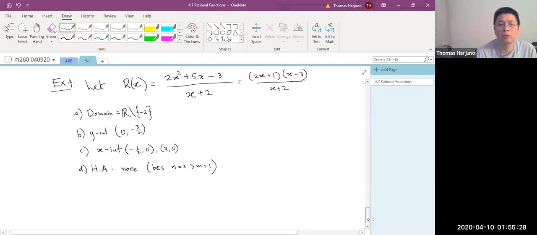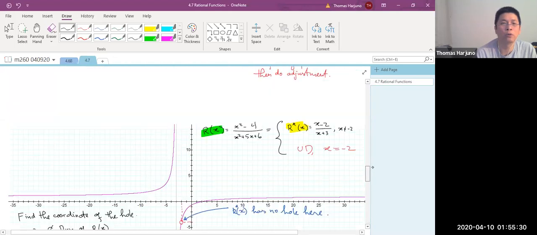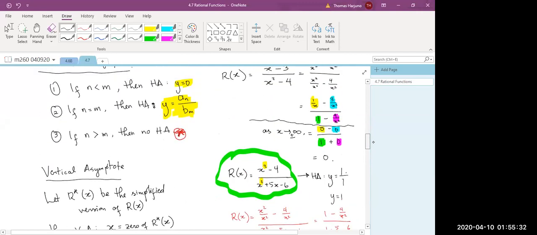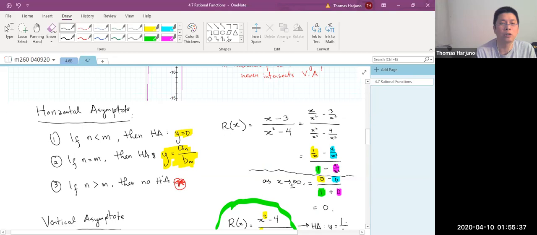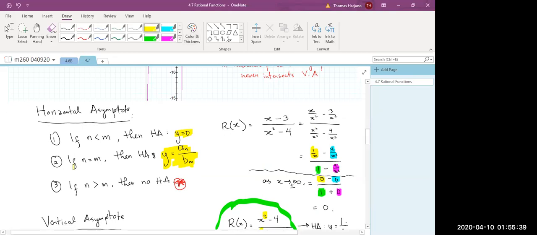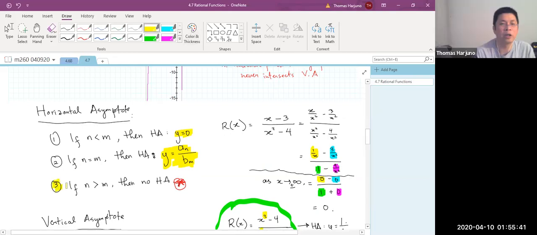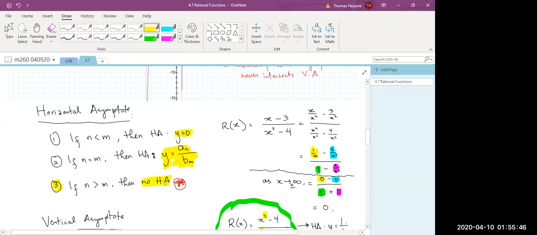If we look back at the rules for horizontal asymptotes, the third part says if the degree on the top is more than the degree at the bottom, then there's no horizontal asymptote.